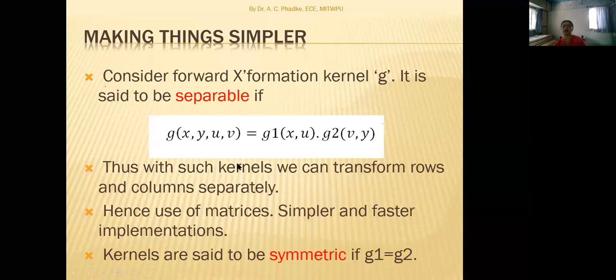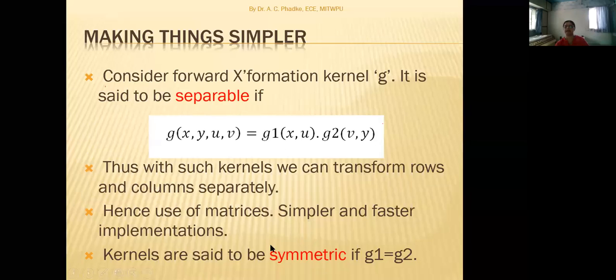So we can perform this two-dimensional transform operation simply in terms of matrix multiplications. And because of matrix multiplication, this implementation of two-dimensional transform becomes very simple. That's why this separability and symmetry property is very important.